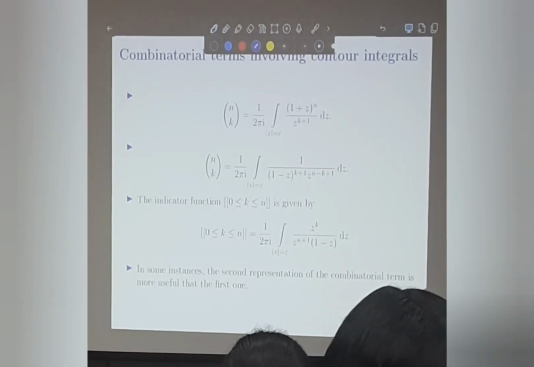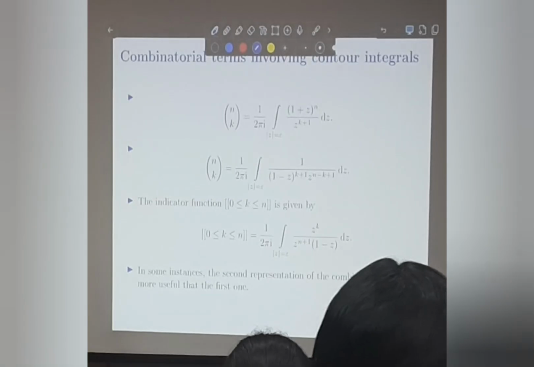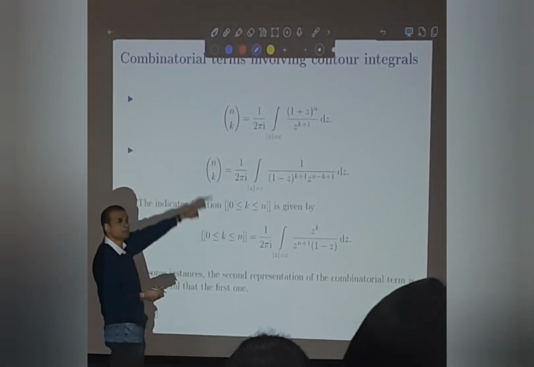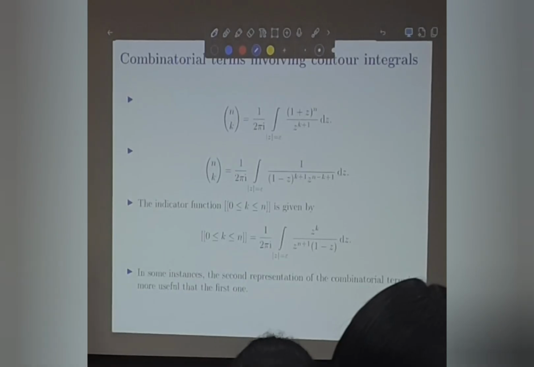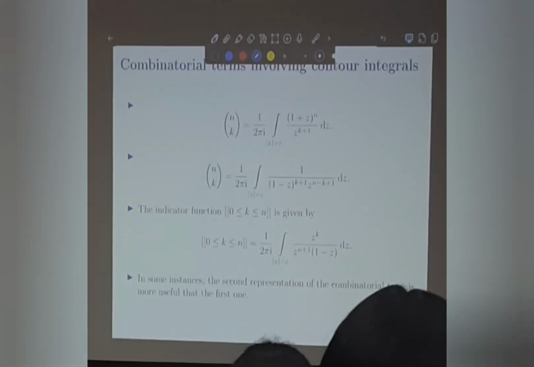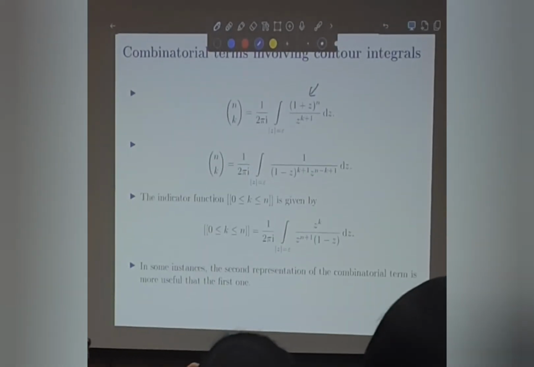Okay, so let's look at this. N choose k, I can actually write in the following integral form: the integral of (1 plus z) to the n over z to the k plus 1, dz. Why is this true? Let's just expand (1 plus z) to the n by the binomial theorem.